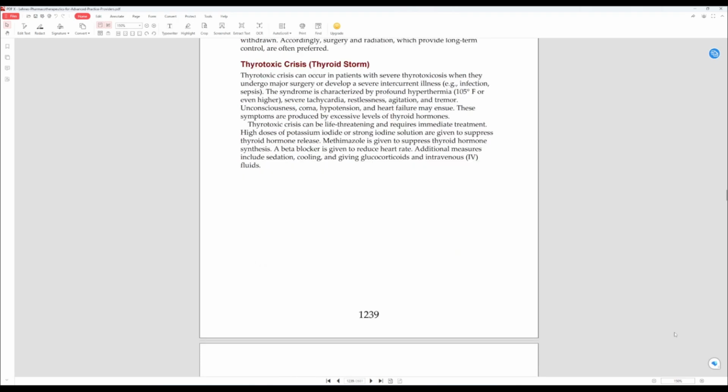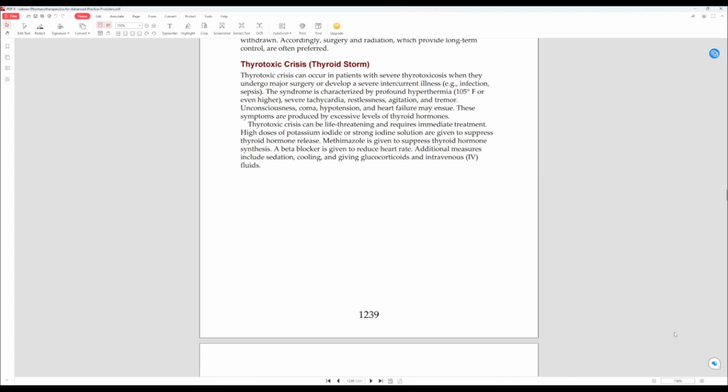Thyrotoxic crisis, also known as the thyroid storm. Thyrotoxic crisis can occur in patients with severe thyrotoxicosis when they undergo major surgery or develop a severe intercurrent illness, so an infection or sepsis.